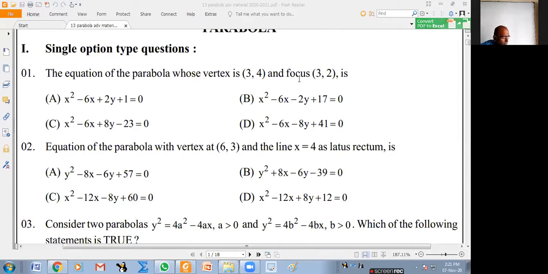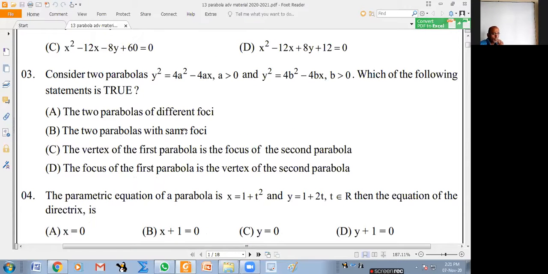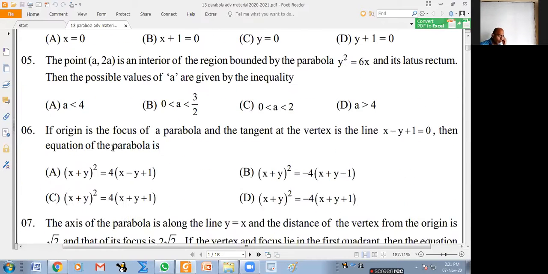Okay. Anybody who has any doubt about the first question? The odd number. Third question. Fifth question.